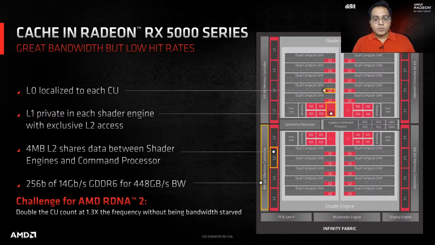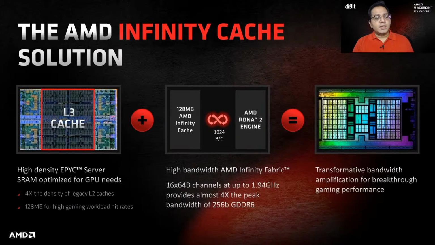Instead, with RDNA 2, AMD did something different. They introduced something called Infinity Cache. Now, Infinity Cache is linked to Infinity Fabric, which you've heard of multiple times because it's used in other AMD IPs, such as the Ryzen processors and even on the server processors, which happen to be EPYC.